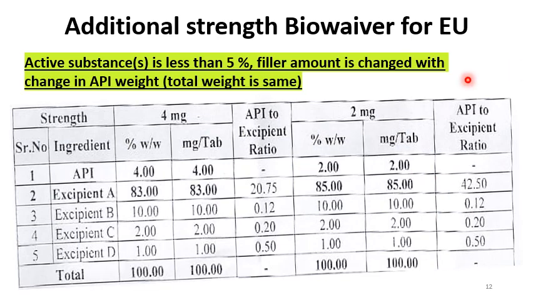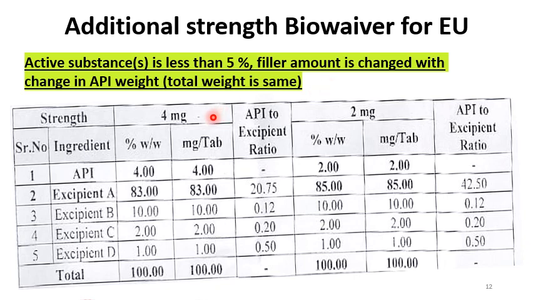Then moving to the next composition, active substance is less than 5%. Filler amount is changed with the change in API and the total weight is the same. In the earlier example, the tablet weight was changed. Now you can see for the 4 mg tablet, the tablet weight is 100 mg. For the 2 mg tablet, the weight is 100 mg. Here the lookalike formulation is made. So this formulation will also pass the quantitative similarity criteria.